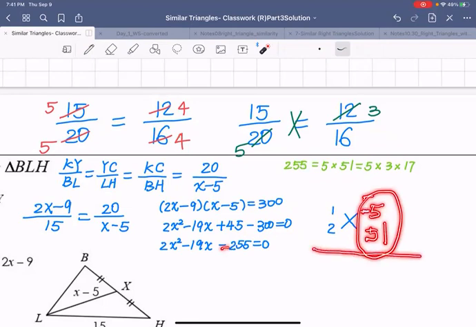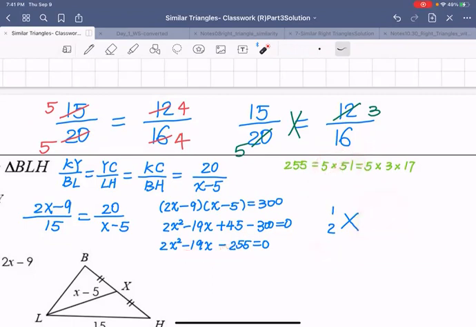Do you think this can give us this number? Not possible, right? Clear? No. So this will not work, right? Yeah. This will not work.